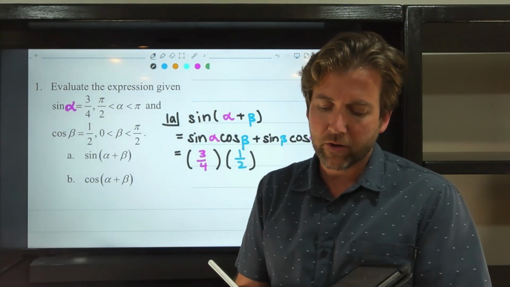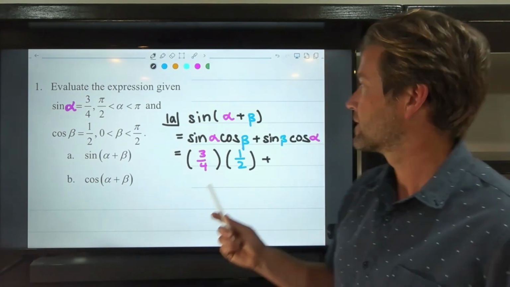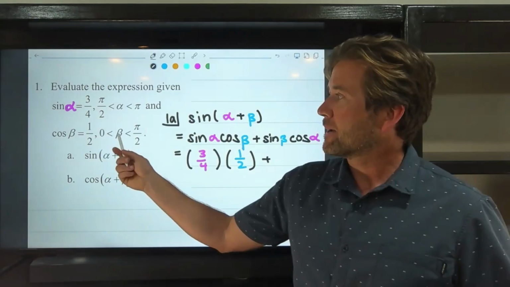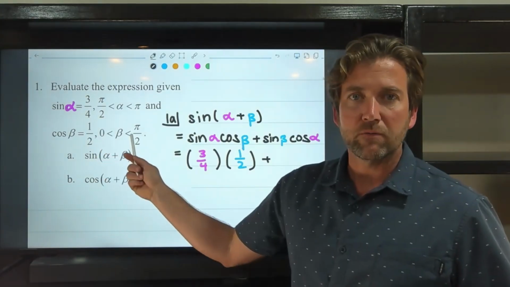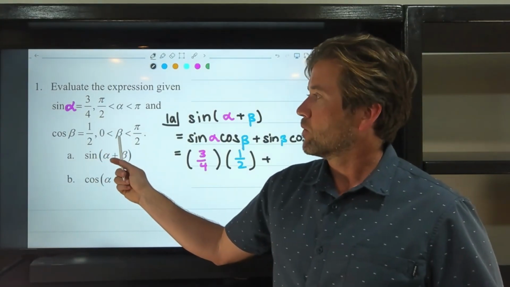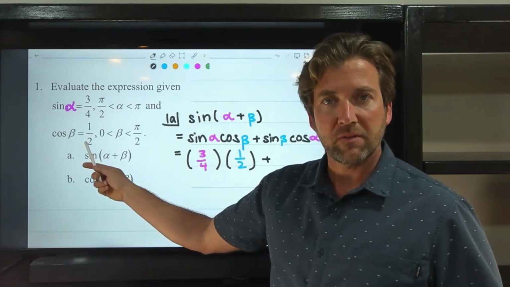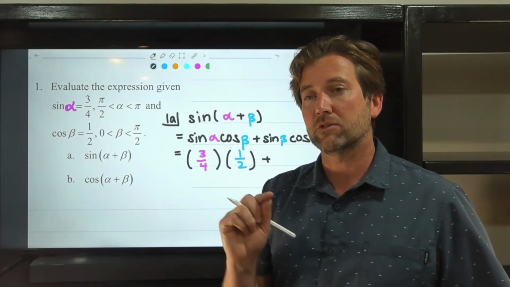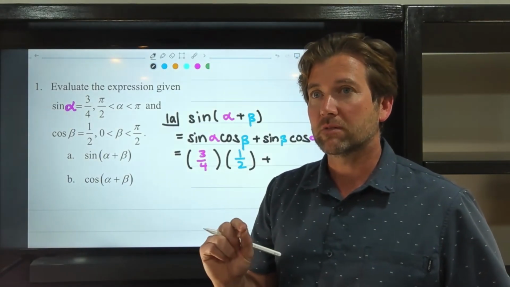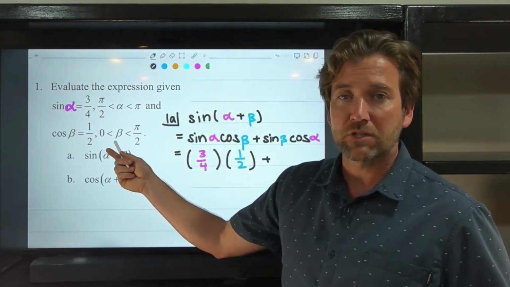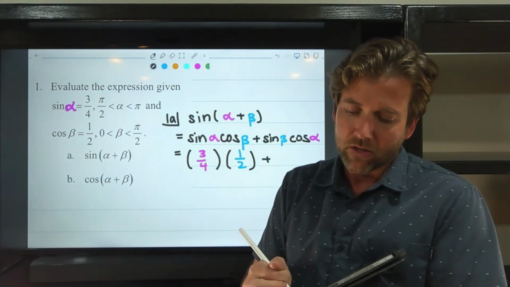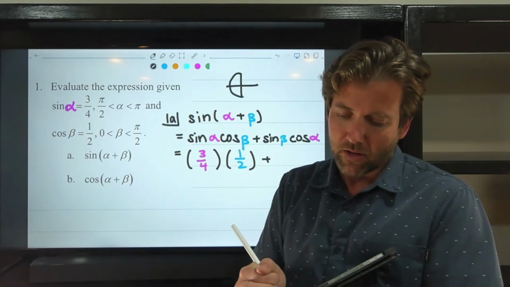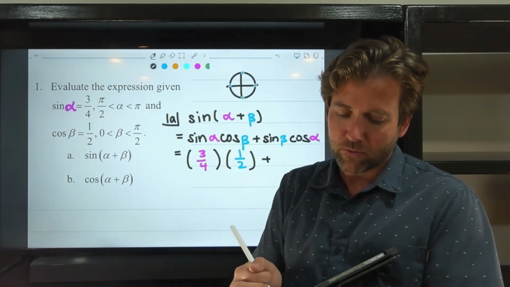Now the next part requires a little bit of work. This says sine of beta, and beta is in between 0 and pi over 2. We know if cosine of beta outputs positive 1/2, the angle beta must be in the first or fourth quadrant because the cosine of the angle is positive. So this is getting really specific, saying that beta is between 0 and pi over 2.